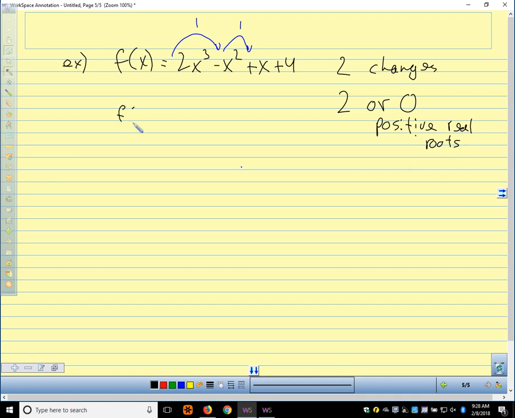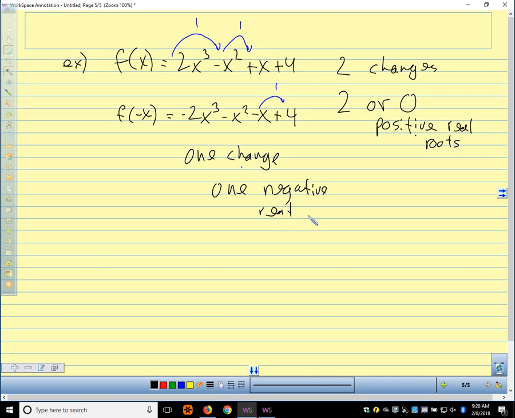And f of negative x, change the sign on the odd powers: negative 2x to the third minus x squared minus x plus 4. So we have just one sign change there. So that tells us we have one negative real zero.